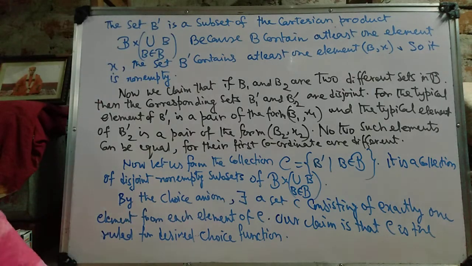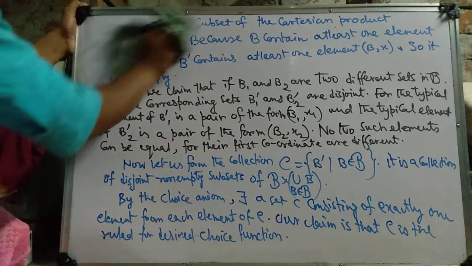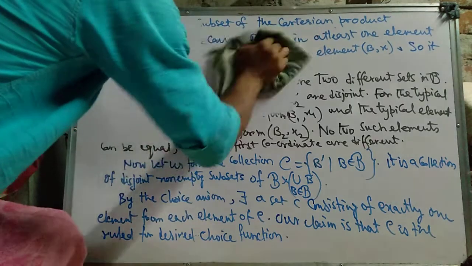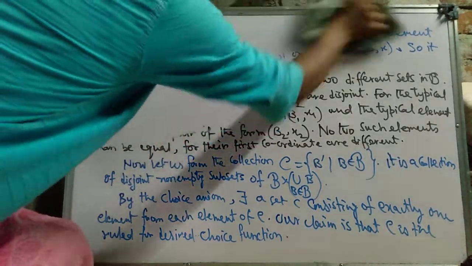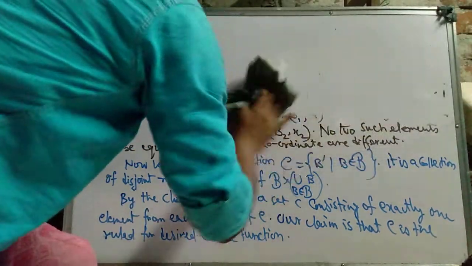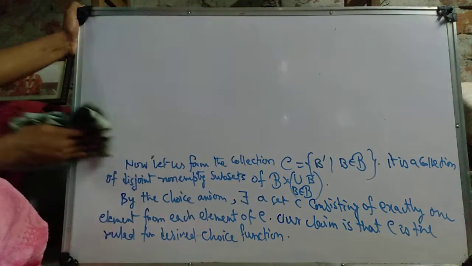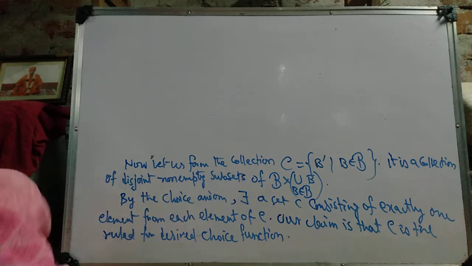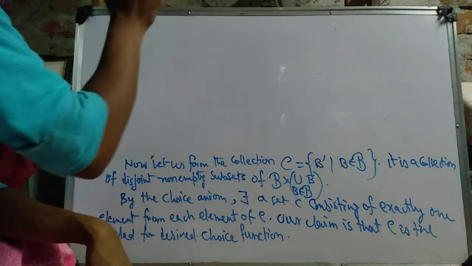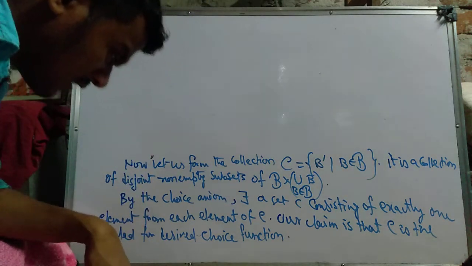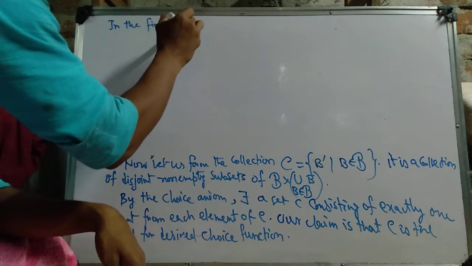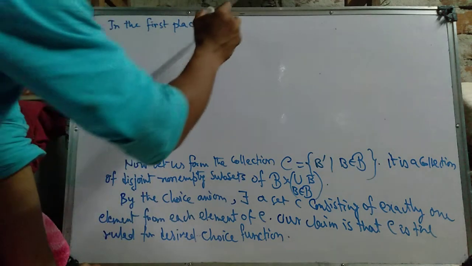In the first place, C is a subset of the Cartesian product.